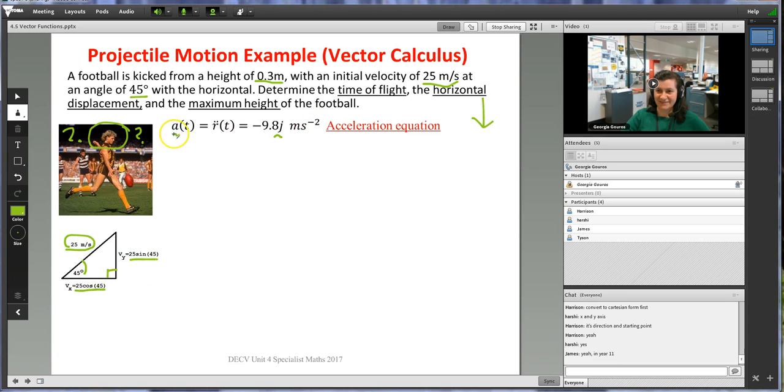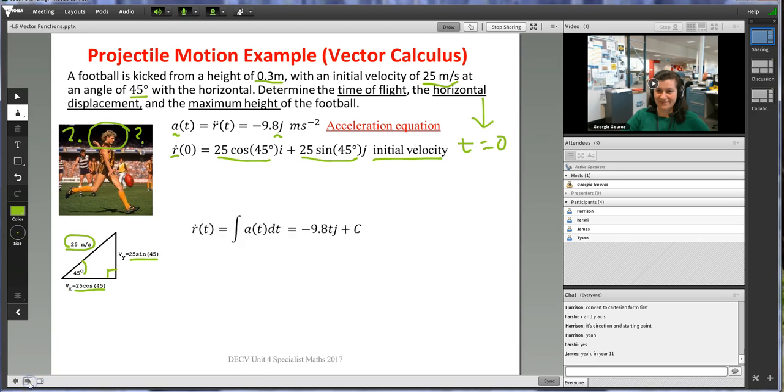So this is the acceleration vector equation. And this is the initial velocity vector equation, with the i and j components of the initial velocity at t equals 0. Okay, so we're going to put this all together now.